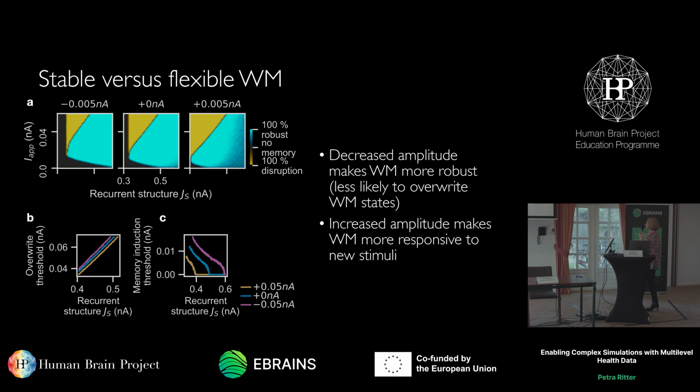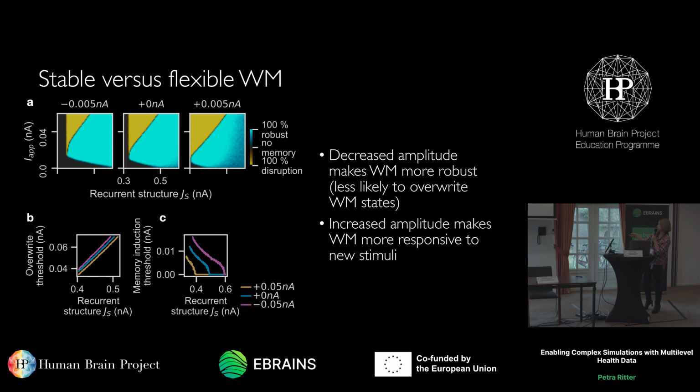So now what about the working memory? Working memory is also important and needs to be activated to keep the intermediate solutions or answers in memory to come up with a big solution for the problem. How is this influenced by the degree of input currents? This is seen here. So the blue areas in this diagram indicate 100% robust working memory.